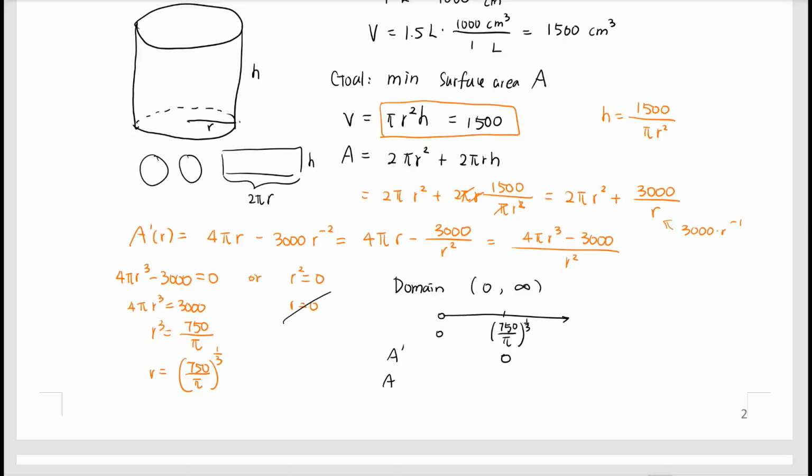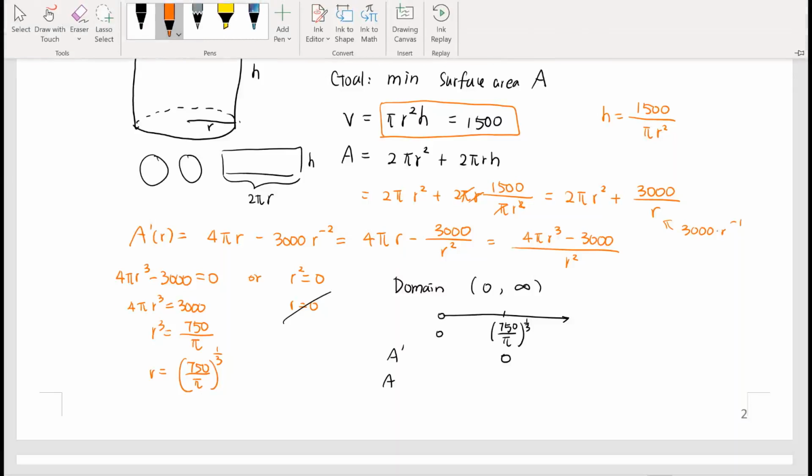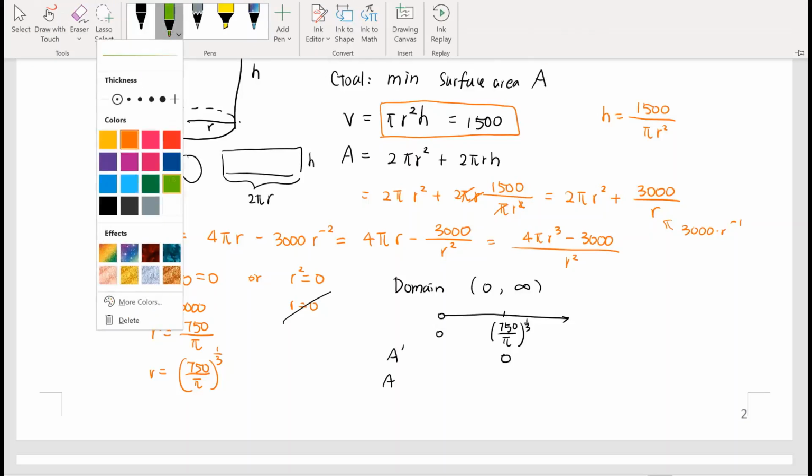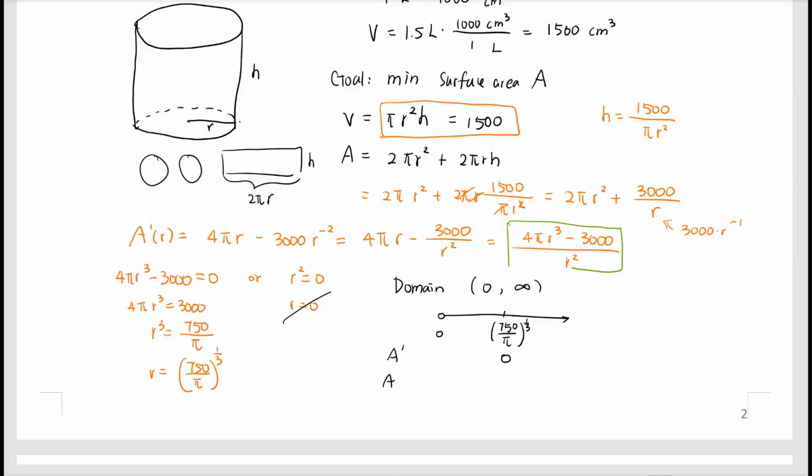But you can imagine what happens if your number is close to 0. You plug in a number very close to 0, so this guy is almost like 0. That's why we get negative 3000. So it's negative, but the denominator is always positive. So the answer is negative.